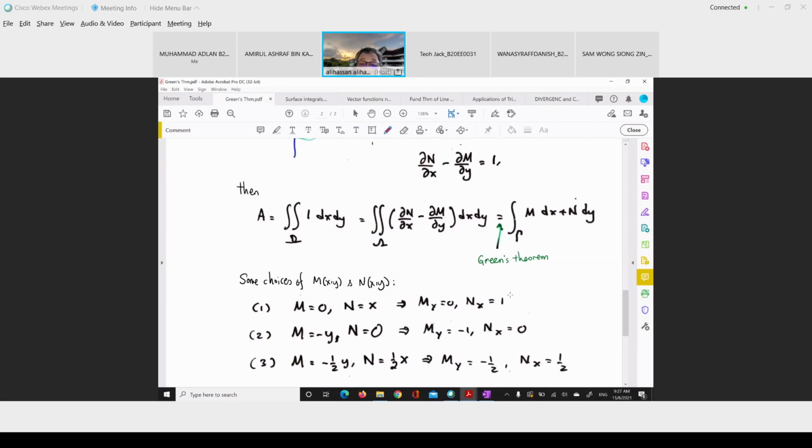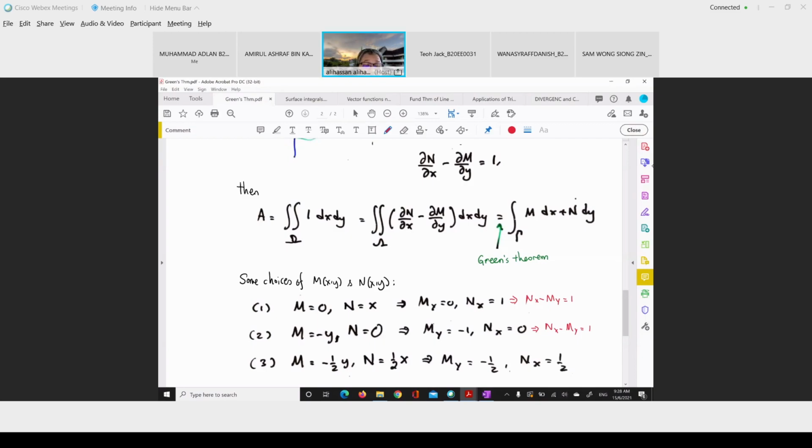Therefore, N partial x minus M partial y equals 1. Another choice is M equal to minus y and N equal to 0. So M partial y is minus 1, N partial x is equal to 0. And again, we have N partial x minus M partial y equal to 1.